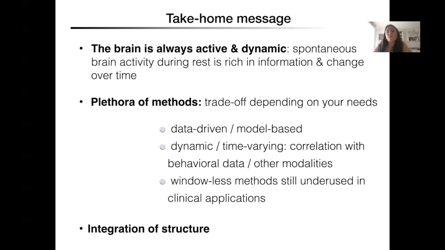Between data-driven versus model-based methods, for example, dynamic or time-varying, which could depend, for example, on whether we have to correlate with behavioral data or other modalities. Also, windowless methods overcome limits of sliding window, but are still underused in clinical applications. Also, the integration of the structure underneath is something that needs to be explored further.